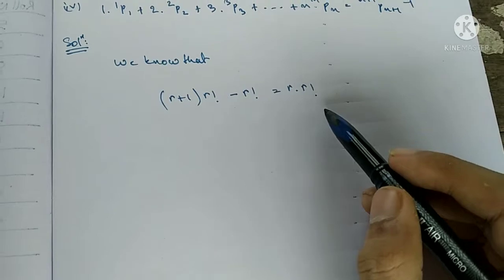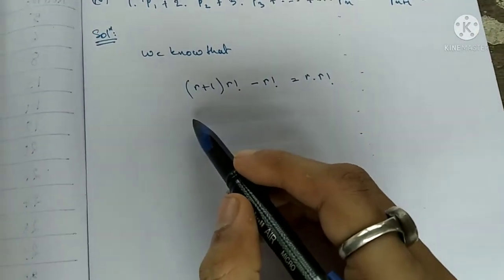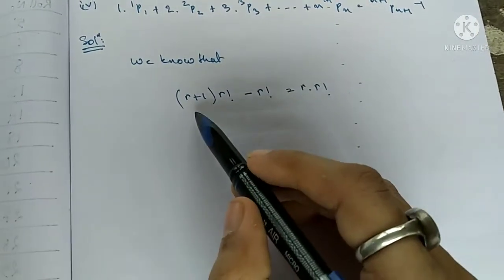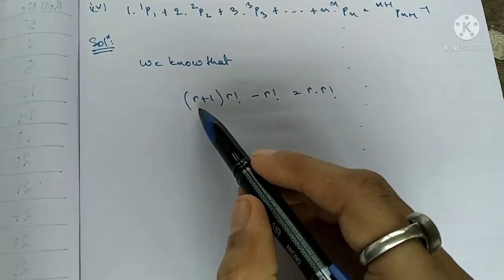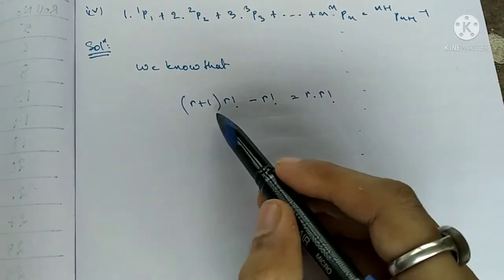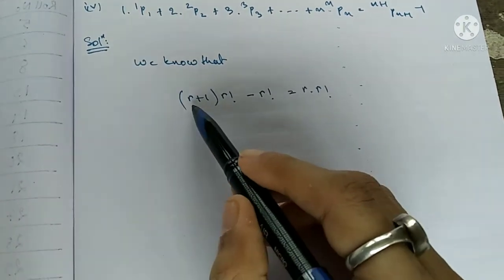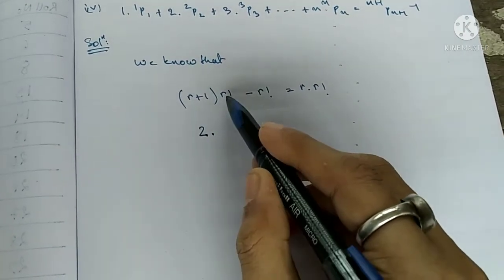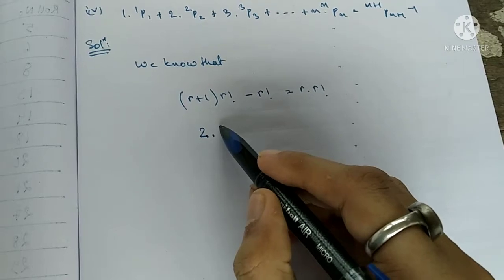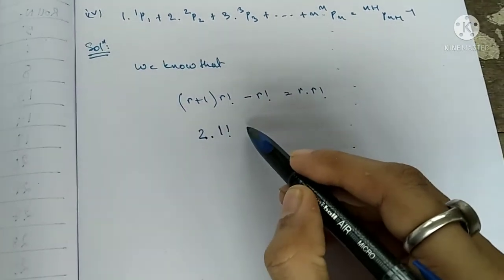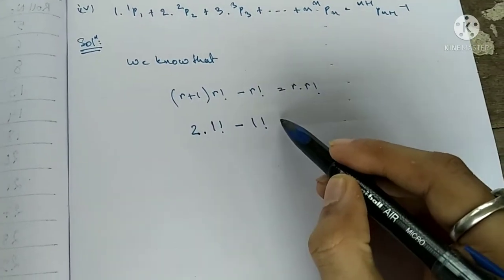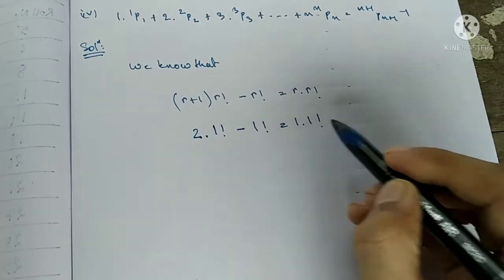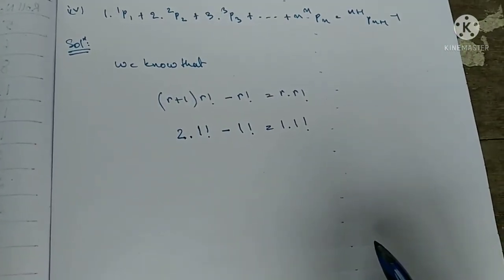Okay, so now in here you see, when I take the r value as 1, then 1 plus 1 is 2, so 2 into 1 factorial minus 1 factorial is equal to 1 into 1 factorial. Finished.